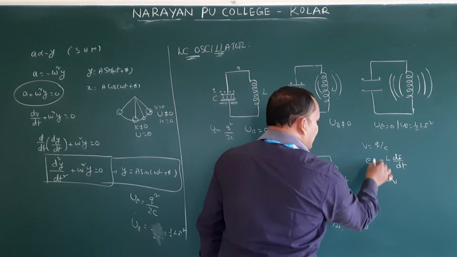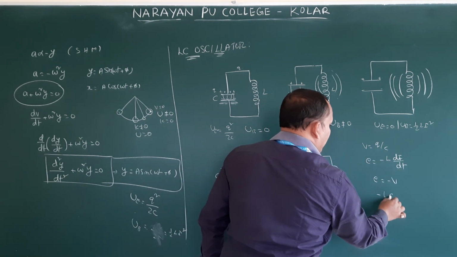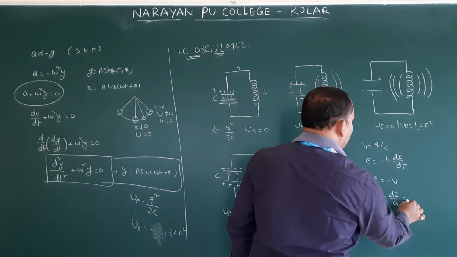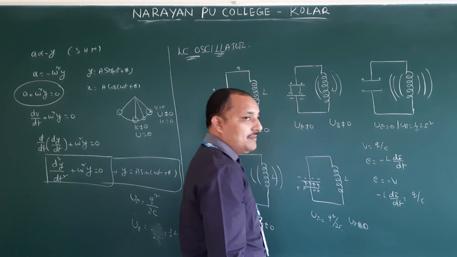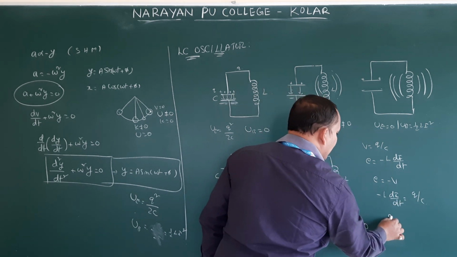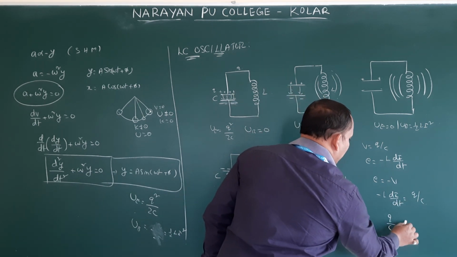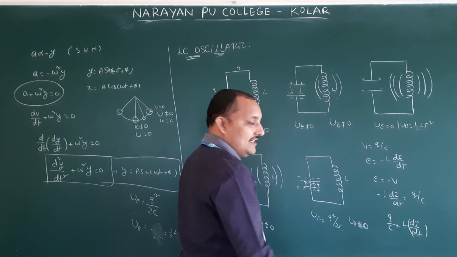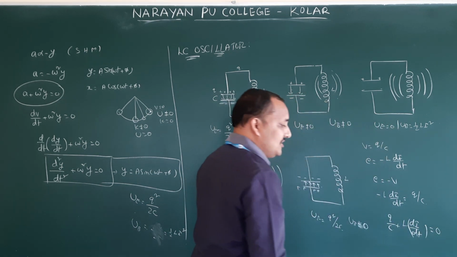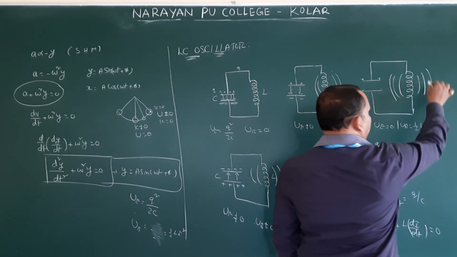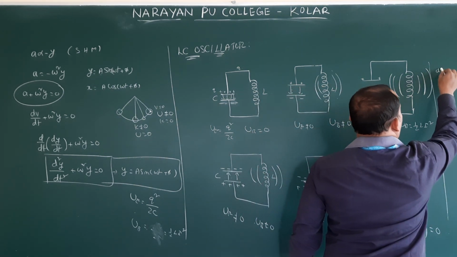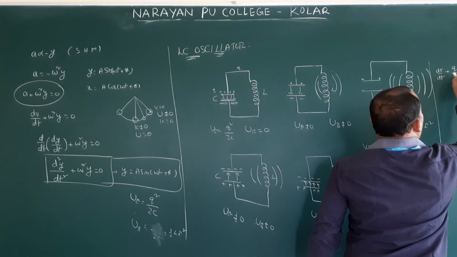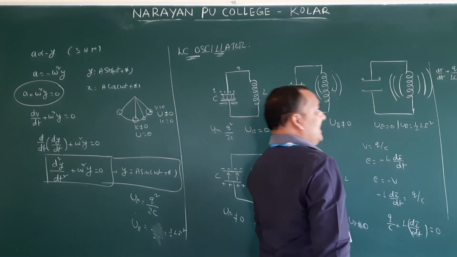So E is nothing but minus L di by dt. This is opposition. That is nothing but Q by C. If you take this, Q by C plus L di by dt is going to become 0. So di by dt plus Q by LC.